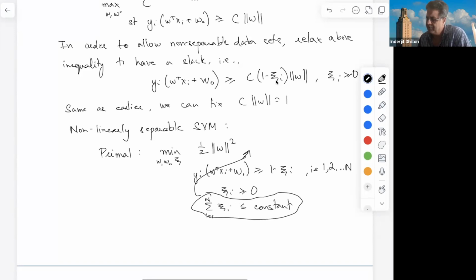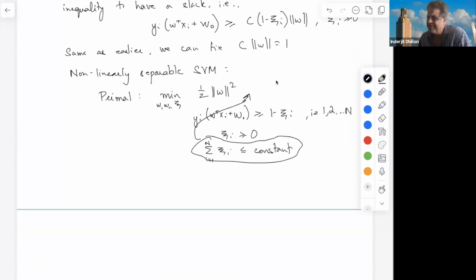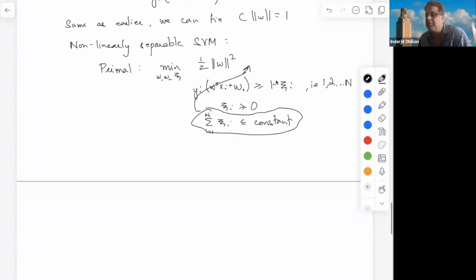Okay. So that's kind of like trying to derive it, right? But if I had to give the final SVM primal, it would be minimize half norm of W square plus the gamma parameter times summation of psi i.